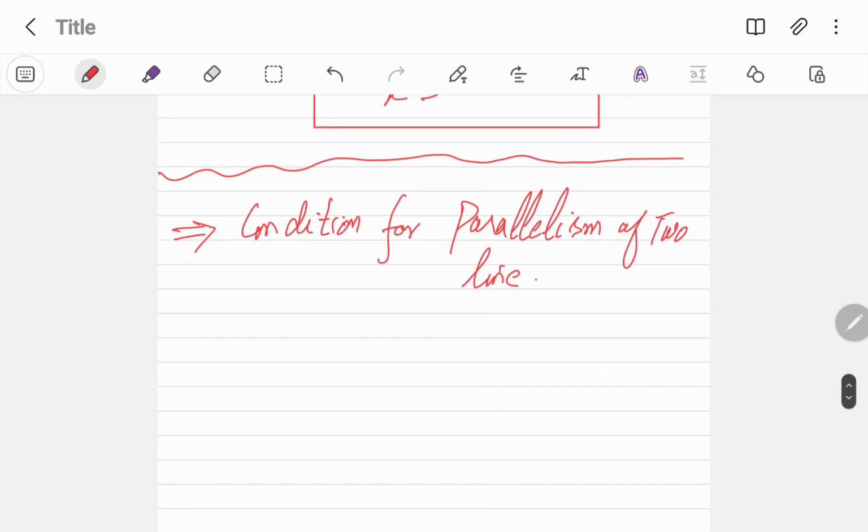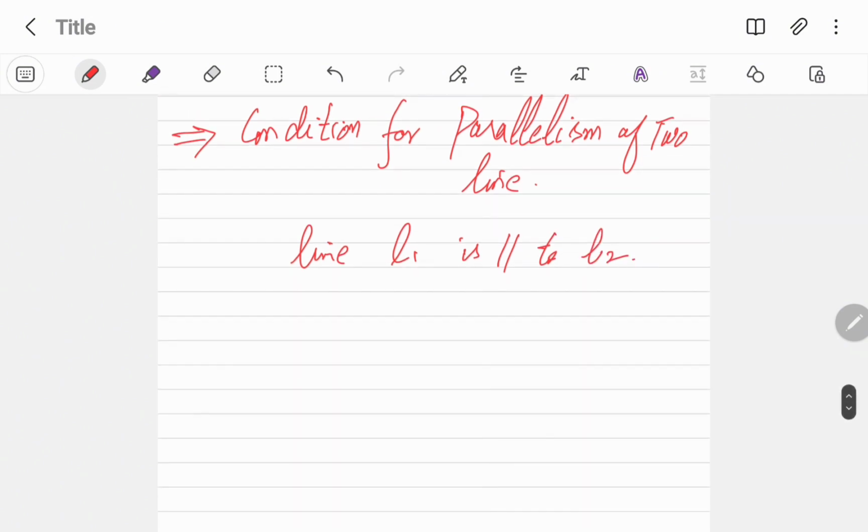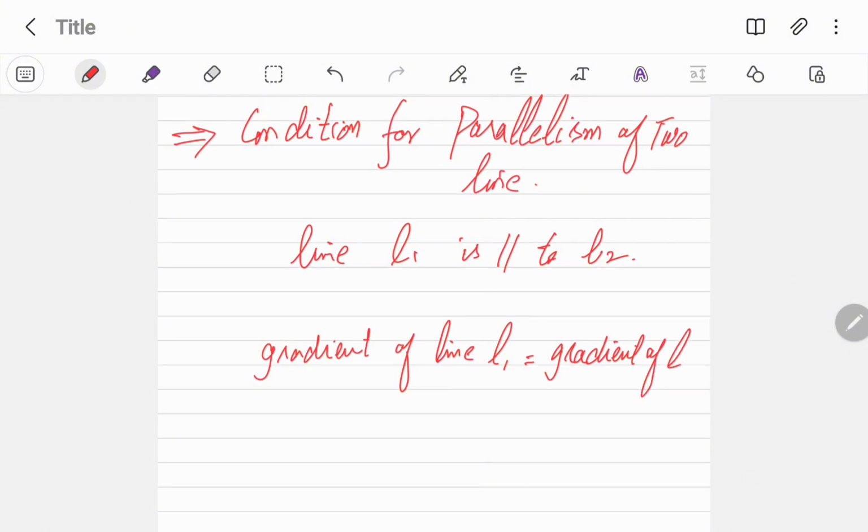अगर दो लाइन्स पैरेलल हैं, for example, a line L1 is parallel to second line L2, then gradient of line L1 should be equal to the gradient of L2.